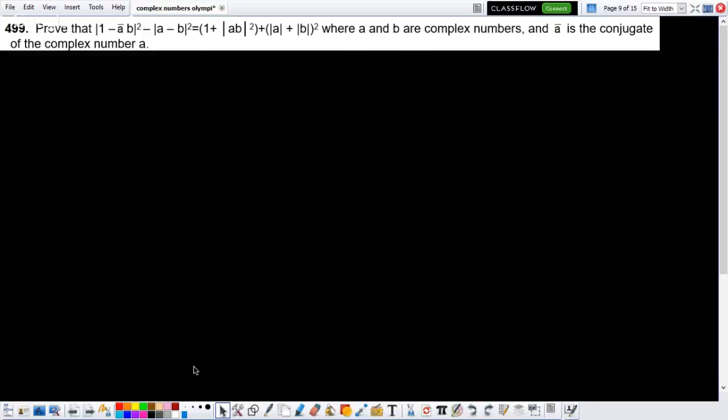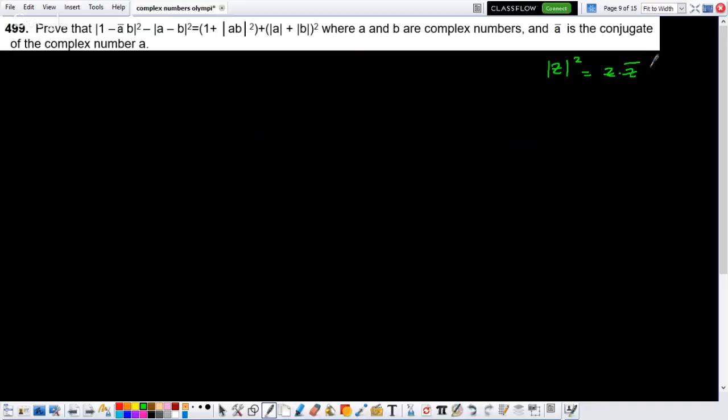Translation is like this. Here we are going to first see, we need to remember all the properties. If you remember, z module square is equal to z times z conjugate.